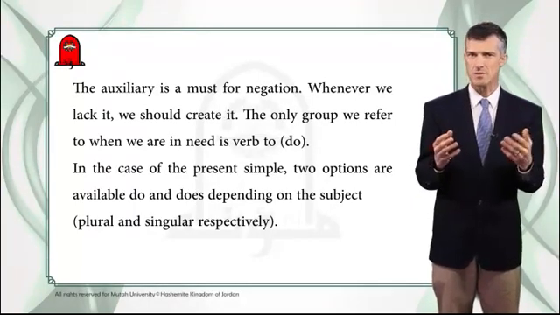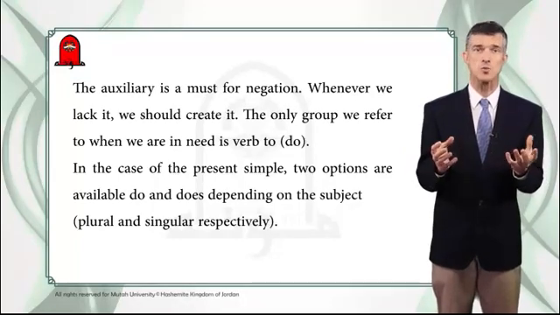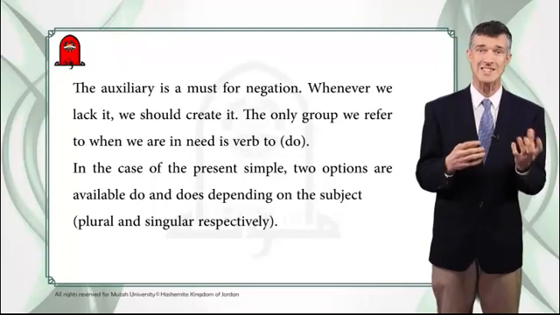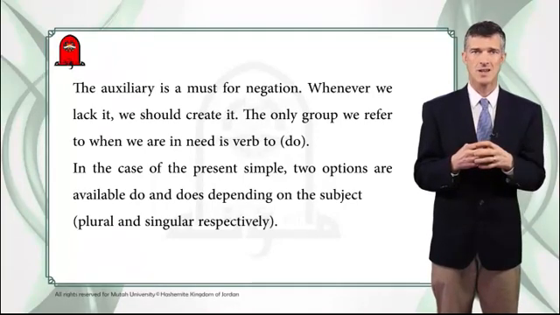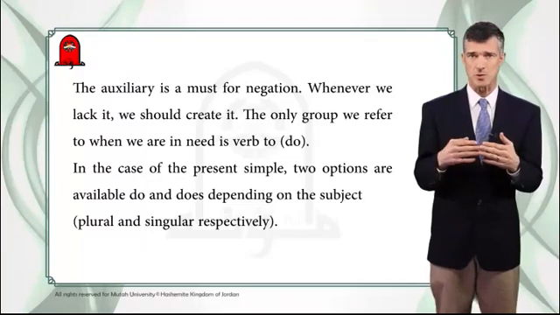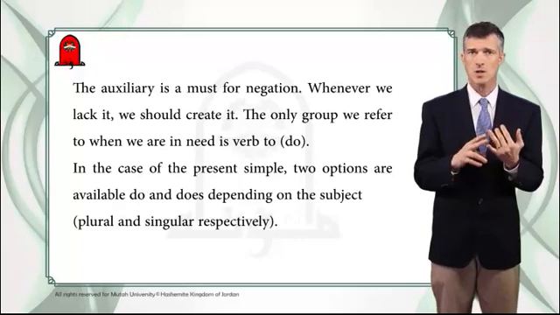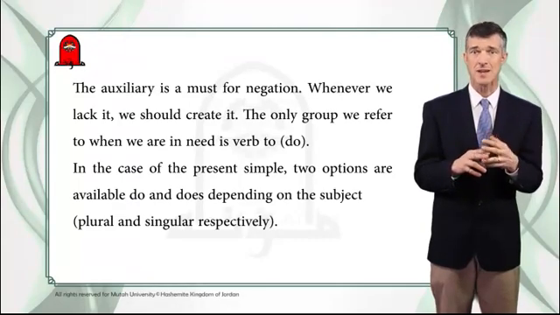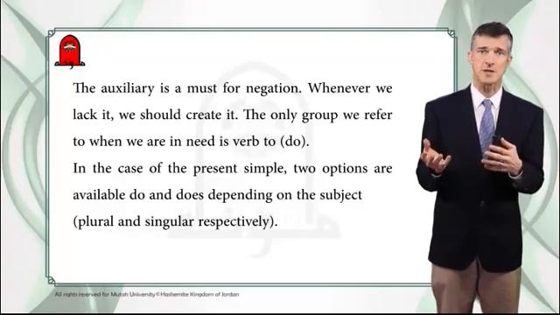Whenever we lack it, we should create it. The only group we refer to when we are in need is verb to do. In the case of the present simple, two options are available, do and does, depending on the subject, plural and singular respectively.